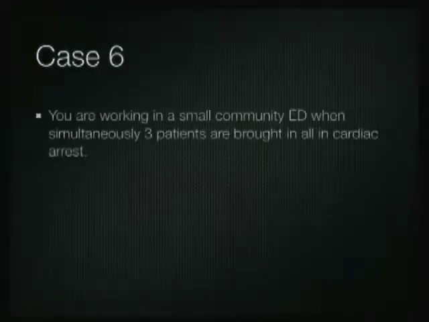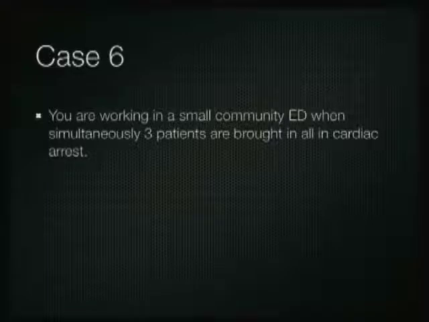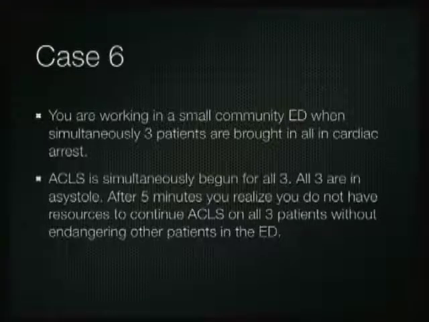In our final case 6, you're working in a small community emergency department when the nightmare scenario occurs that 3 patients are brought in and all in cardiac arrest. You can begin ACLS simultaneously for all 3, but all 3 are in asystole, and after 5 minutes you realize you do not have the resources to continue ACLS in all 3 patients without endangering other patients in the emergency department.